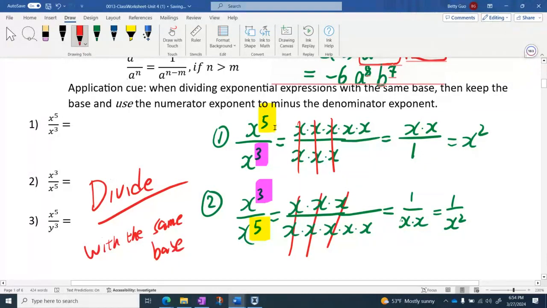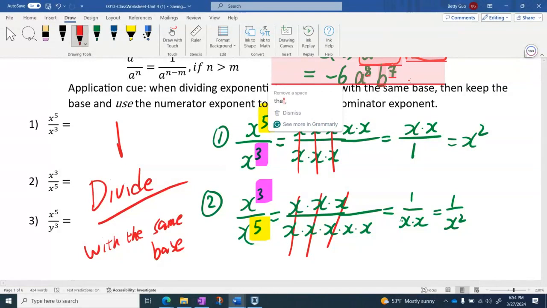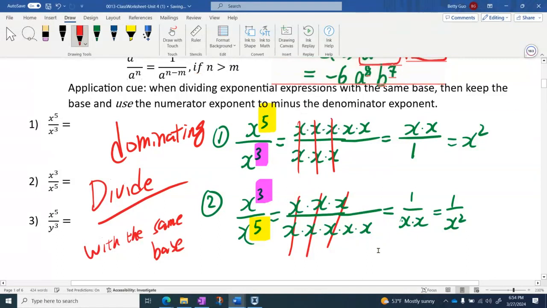In question number one, the numerator has a bigger exponent, so the numerator is dominating. You have to see which part is dominating. Is the numerator dominating or the denominator dominating? Since in question number one the numerator is dominating, we use the numerator exponent minus the denominator exponent. So we have x squared.